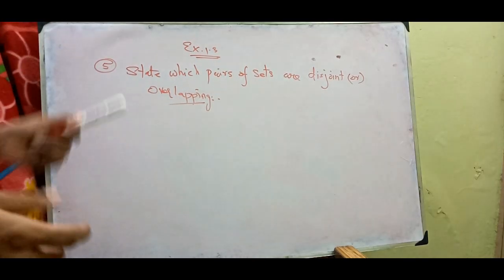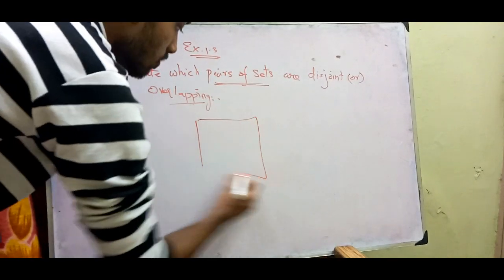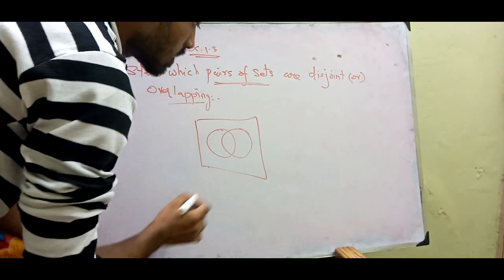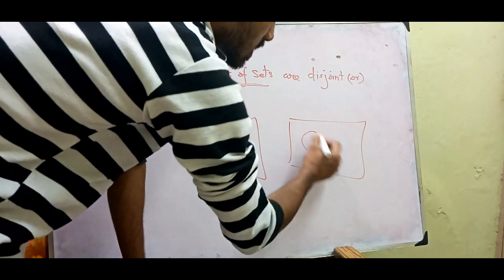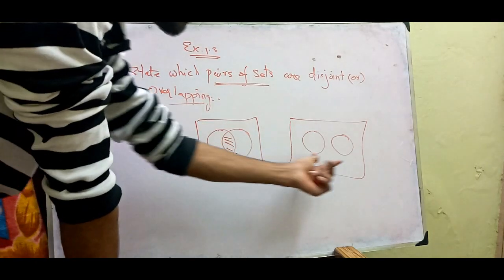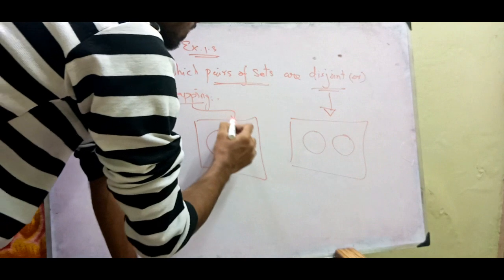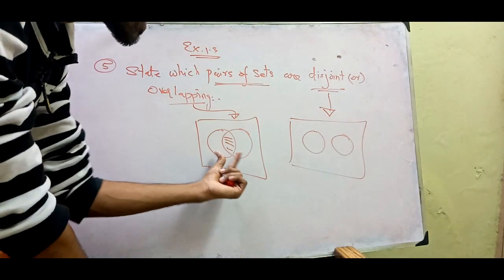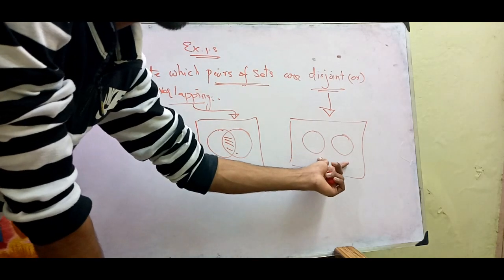According to our given pairs of sets, we know already this pair is overlapping sets and these are disjoint sets. If they are separated from each other, they are called disjoint sets. So this is a disjoint set, and this one is an overlapping set, because the first set and second set are connected together, and here they are disconnected.